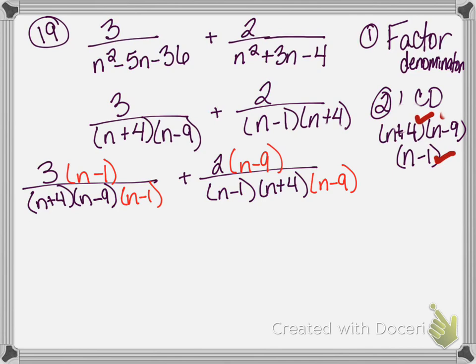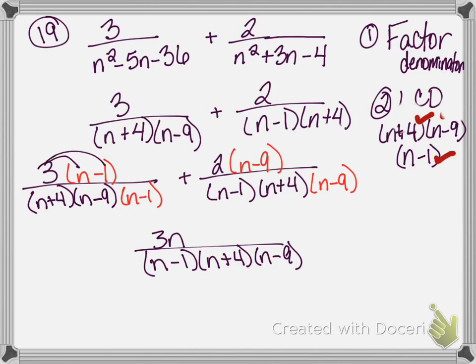Now at this point, you could write the denominator once, and it doesn't matter what order you put those fractions in. I'm going to distribute. So I've got 3n and then 3 times negative 1. I'm distributing again, so I've got 2n minus 18.